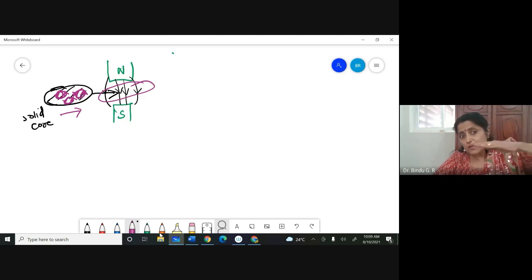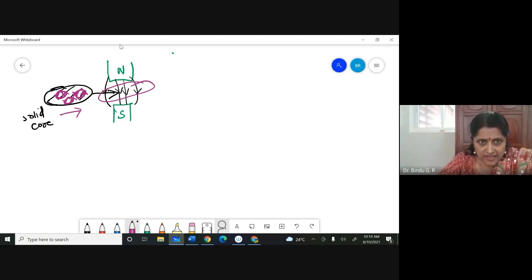The movement of the solid core within the magnetic field. So when it enters the magnetic field, it gets slowed down naturally. The entire phenomenon is opposing that movement towards the magnetic field, and when it goes out of the magnetic field, it is opposing that, so it speeds up later on.